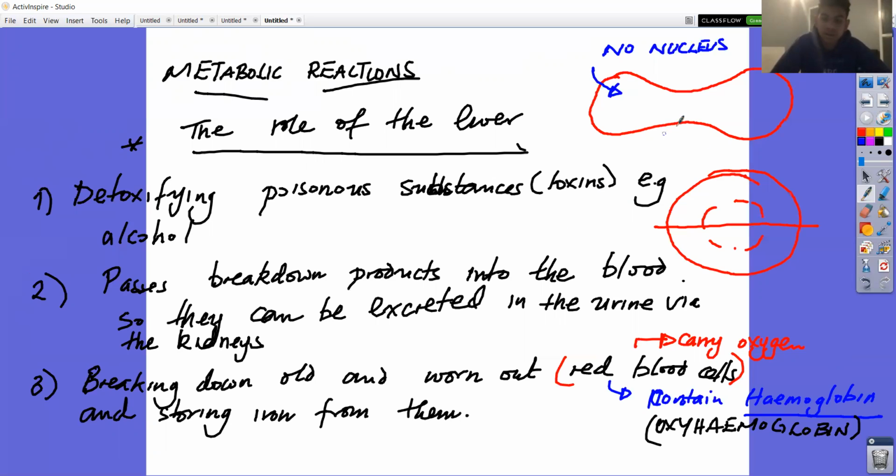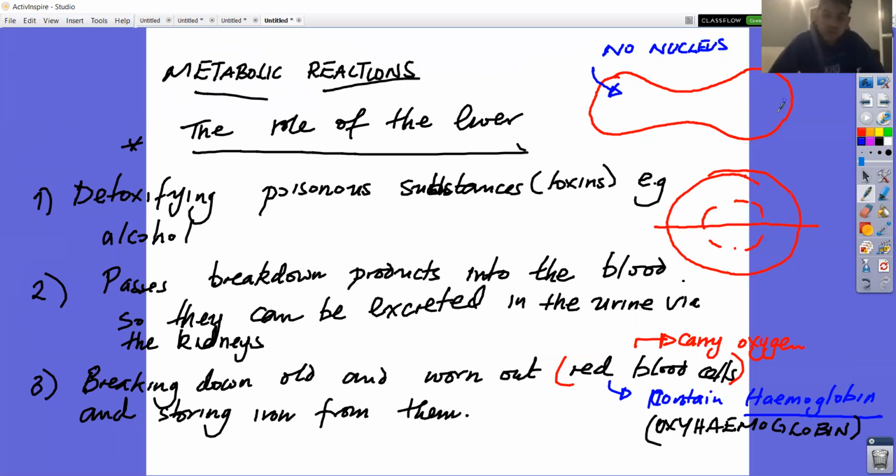Not quite, actually. I see where you're coming from. But the reason why they don't have a nucleus, your skin cells all do the same thing, but they have a nucleus. All your other cells for a particular organ or tissue do the same thing, but they have a nucleus. Your muscle cells all have a nucleus. The reason why is because you want to maximize the amount of oxygen you can carry. If you put a nucleus in there, you don't have as much space to carry oxygen, do you?